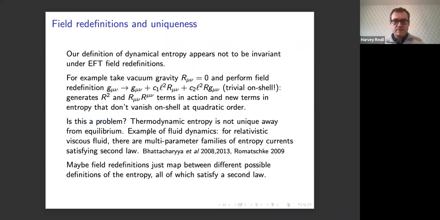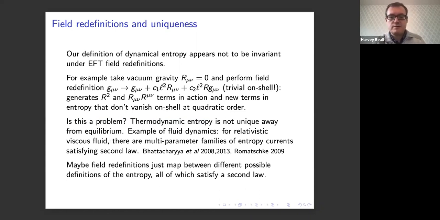It seems to be possibly related to things that have come up fairly recently in fluid mechanics, relating to the uniqueness of entropy in a non-equilibrium situation. So in fluid dynamics, for example, if you look at a relativistic viscous fluid, it's been shown that there are multi-parameter families of entropy currents which satisfy the second law.